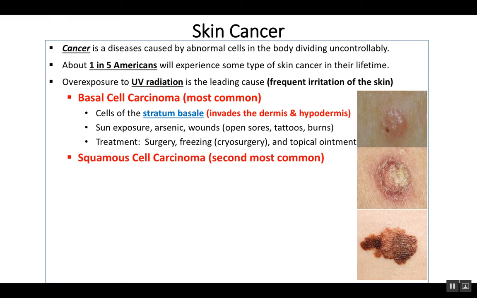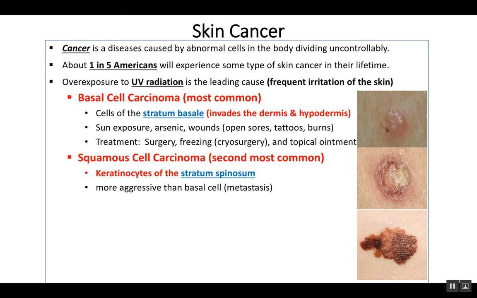Squamous cell carcinoma is the second most common skin cancer. It makes up about 20% of all skin cancers, and it arises from the stratum spinosum. So that's that second layer above the stratum basale. This cancer is more aggressive than basal cell carcinoma, but less aggressive when you compare it to the third, called malignant melanoma.